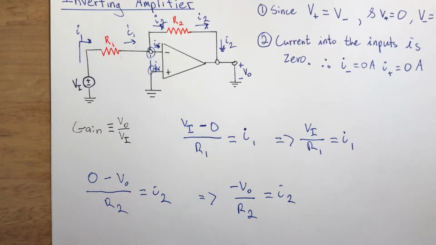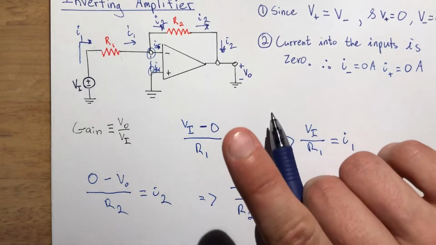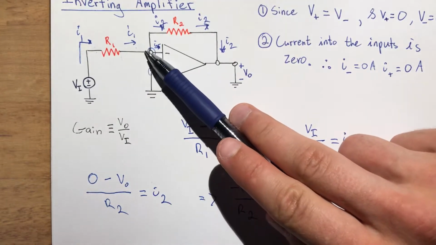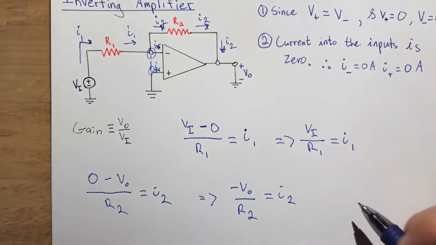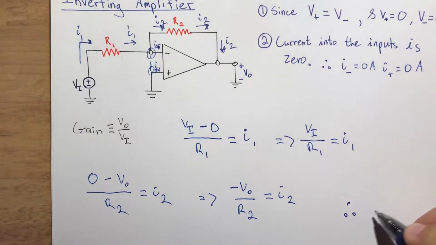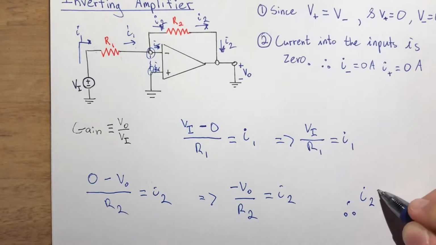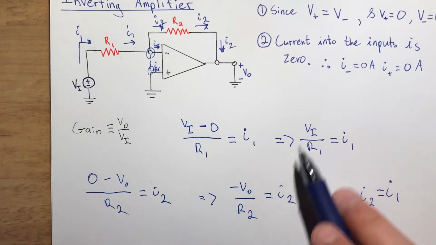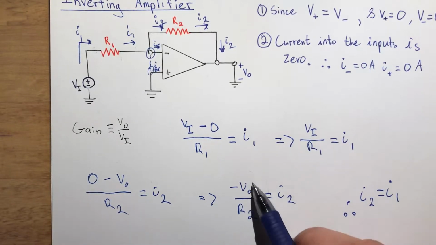Now, here's the thing, right? The current that flows here is the current that flows here. Therefore, I2 is equal to I1. Hey, guess what? I2, I1, that means this is equal to this.